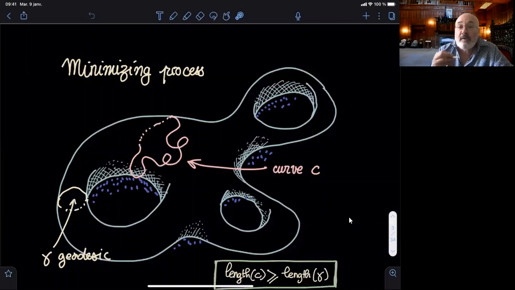And the main statement is to say that given any curve C in M, it is freely homotopic to a unique closed geodesic. And moreover, the length of this geodesic is a minimizer among all the possible lengths of all curves, right?